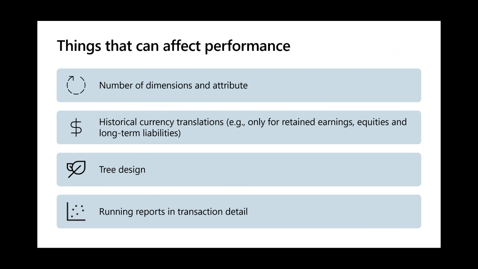The third thing is tree design. There were three components to the building blocks of a report, and the third one is a tree design. Now, how I like to explain this one is when you create a report with many levels in a tree, and I believe the example we saw earlier had 11 levels in the tree.